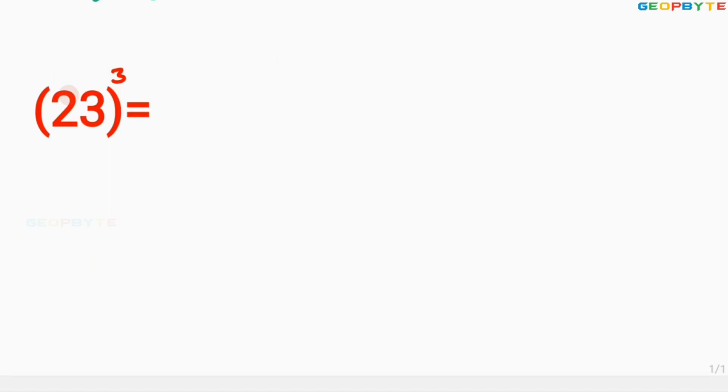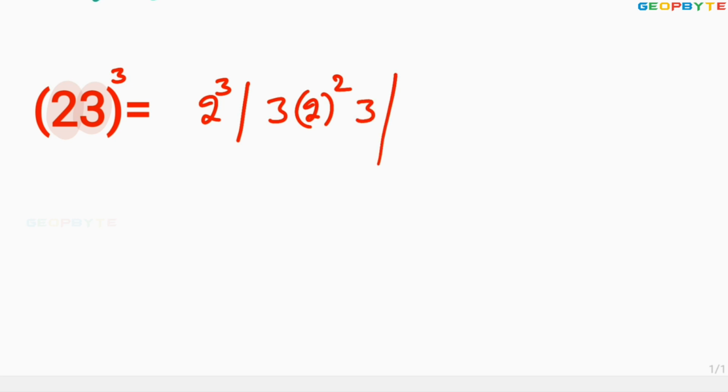Now let us take the very first one. Look at the number 23 whole cube. You write A cube, that is 2 cube, 3A square B, 3AB square, and B cube, 3 cube.